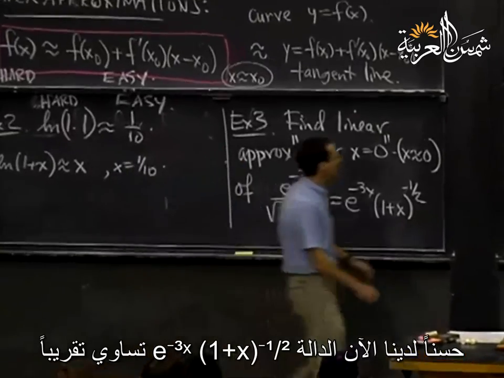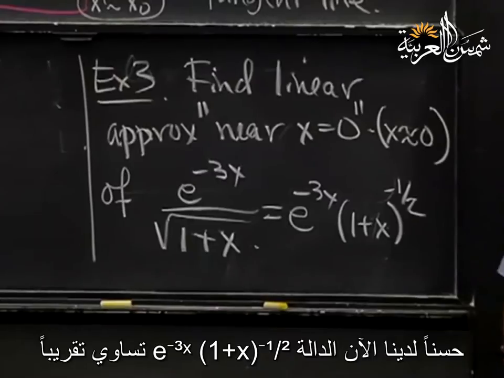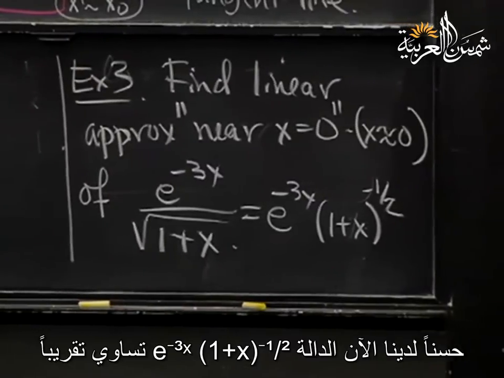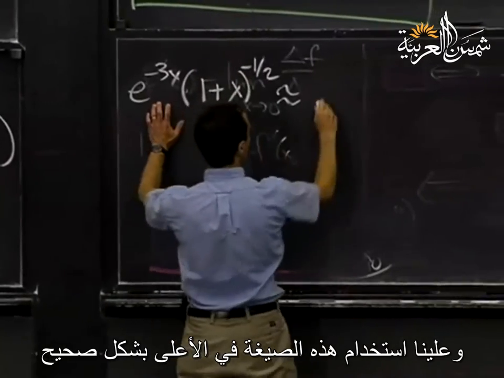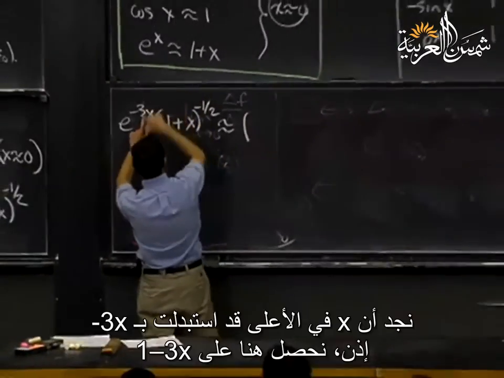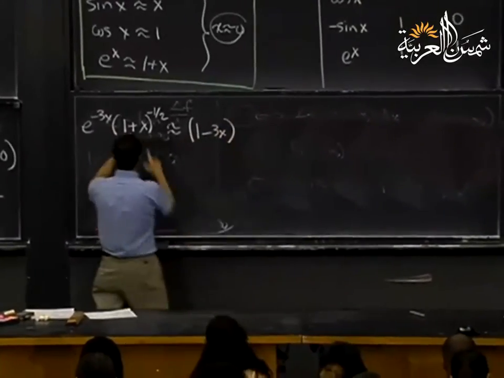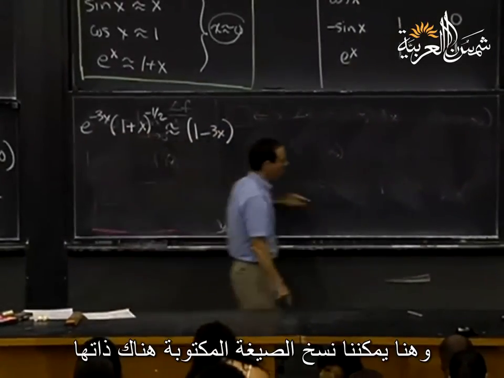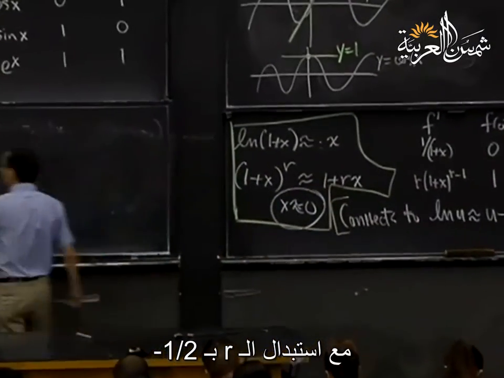Okay? So now I have e to the minus 3x, 1 plus x to the minus a half, and that's going to be approximately, well, I'm going to use this formula. I have to use it correctly. X is replaced by minus 3x, so this is 1 minus 3x. And then over here, I can just copy verbatim the other approximation formula with r equals minus a half.